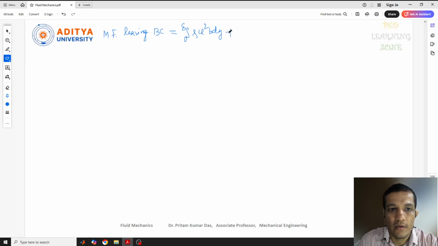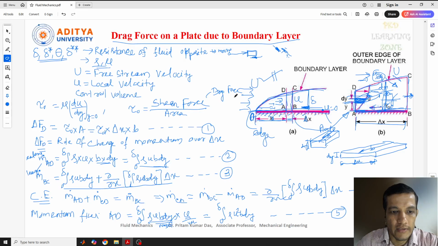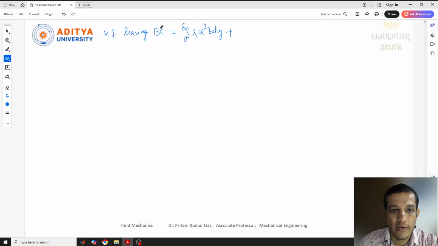If you multiply the velocity with that, then we'll get the u square in that. That's why I've directly written it here, the same as the momentum flux through the AD. Again a similar thing for the BC which is leaving, along with the delta part of this control volume. So that's why I'm writing 0 to delta rho u square b dy.